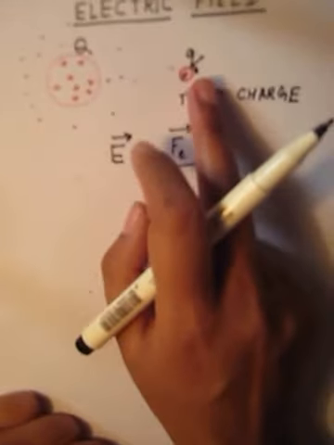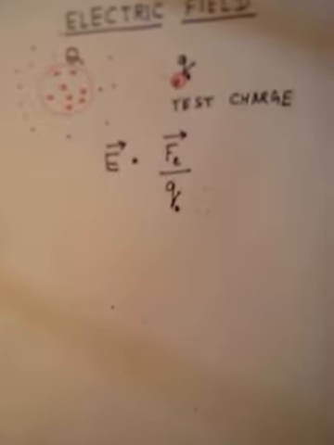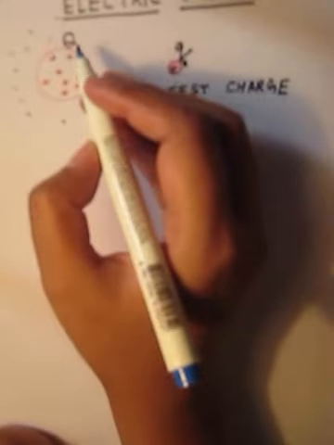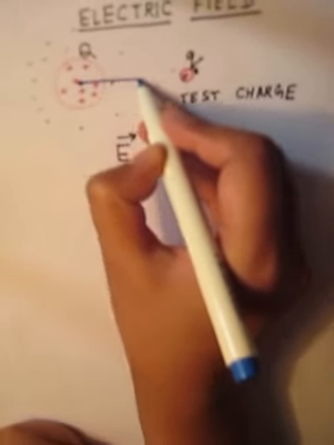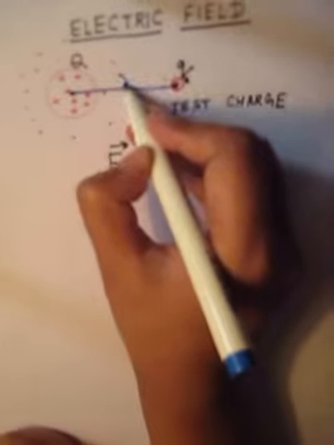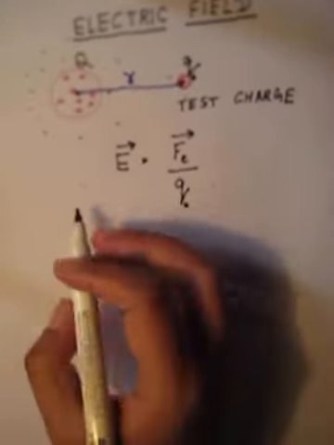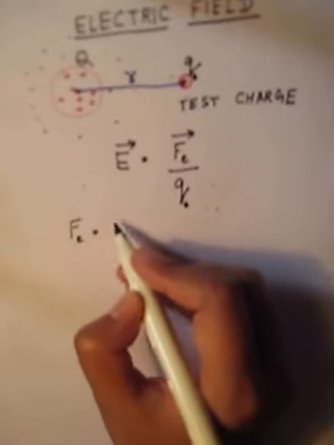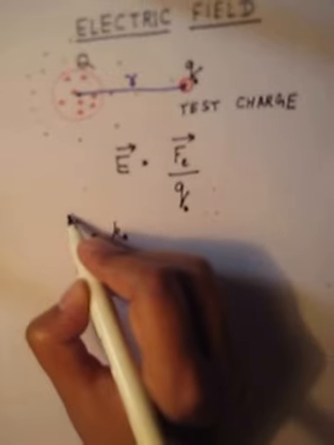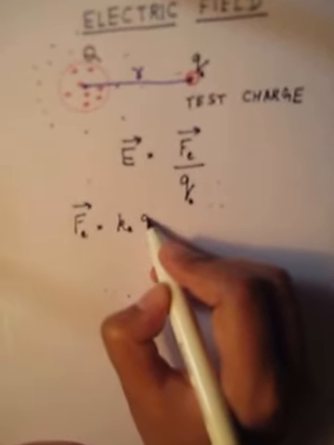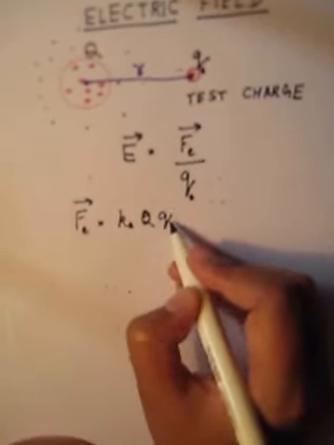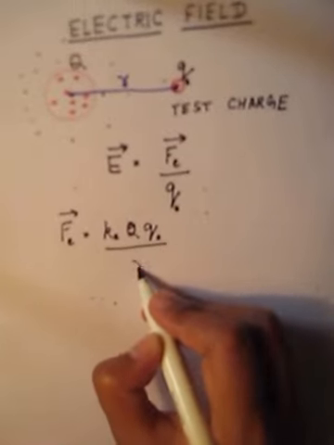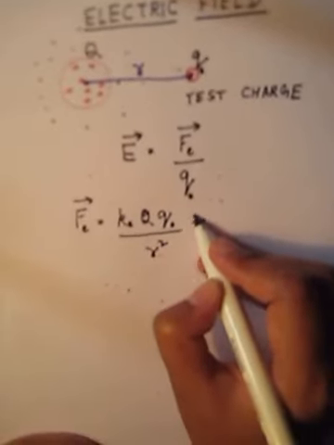We have charge capital Q and charge small q naught, and suppose that they are at a distance r from each other. By Coulomb's law, the electric force in vector form is given by Ke Q q naught divided by r square into the r unit vector.